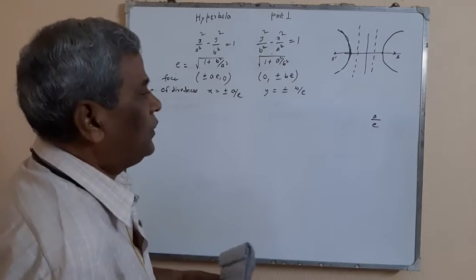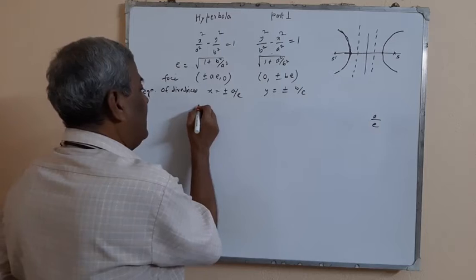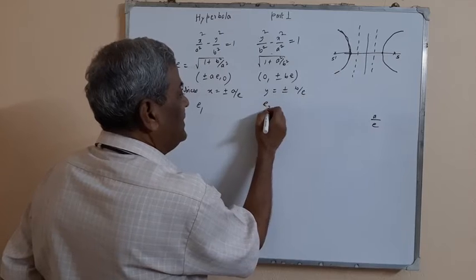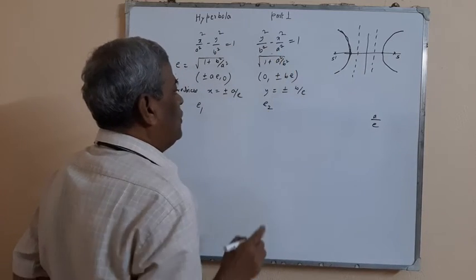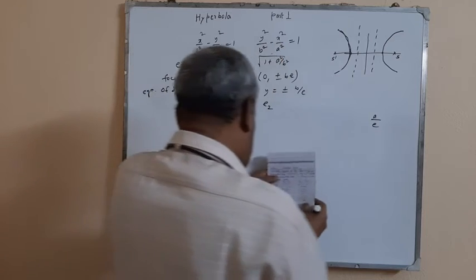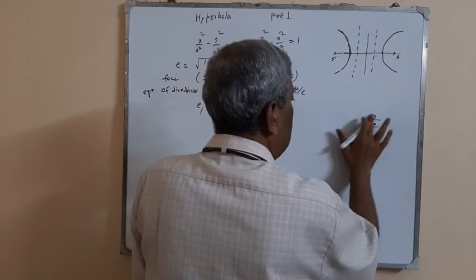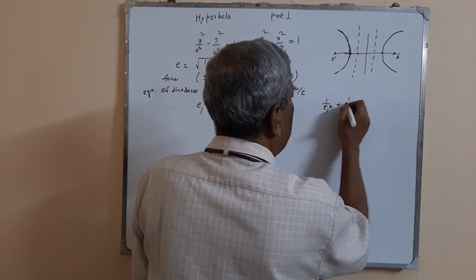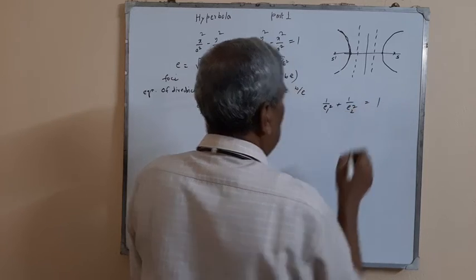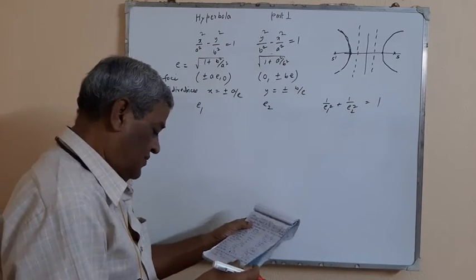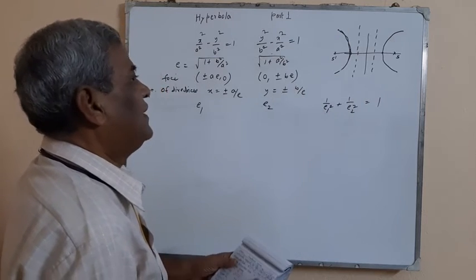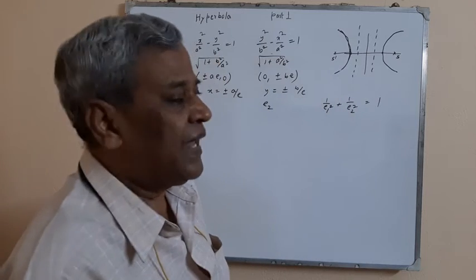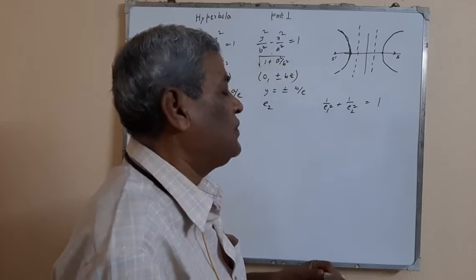Very important result: if e1 is the eccentricity of that and e2 is the eccentricity of its conjugate hyperbola, then the result is 1 by e1 square plus 1 by e2 square is equal to 1. With this formula and relation, we can solve any type of problem easily.